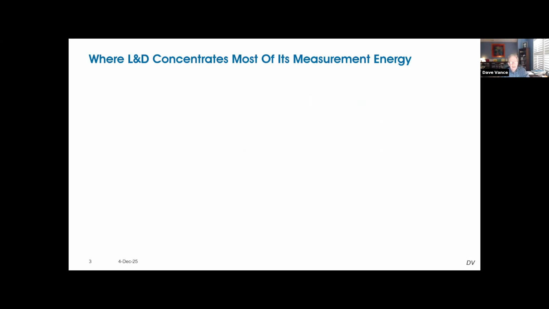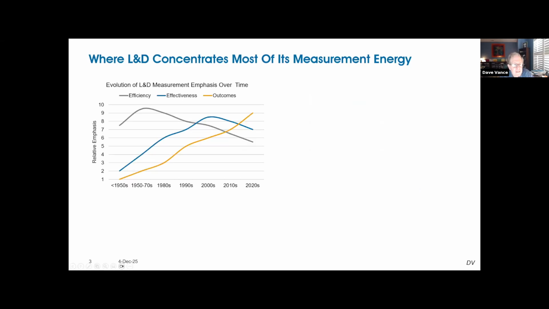All right, thanks, Peggy. And it's great to be with everyone. I think it's an exciting topic and maybe one you haven't thought a lot about. And what we've seen is through time, program evaluation has come to dominate measurement. And Peggy, if we get the first graph up there, you can just get a feeling for the emphasis through time. It started out with efficiency, but over the past couple of decades, it's really moved more towards effectiveness and outcomes for program evaluation.